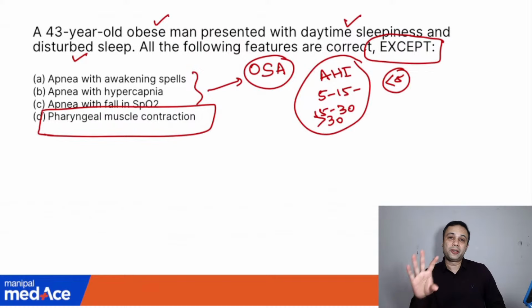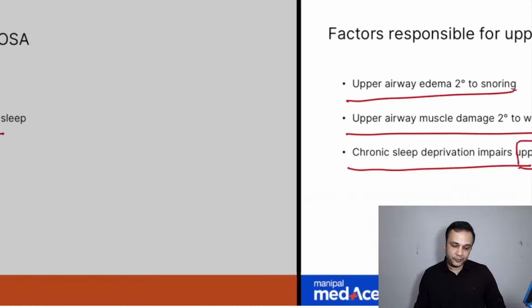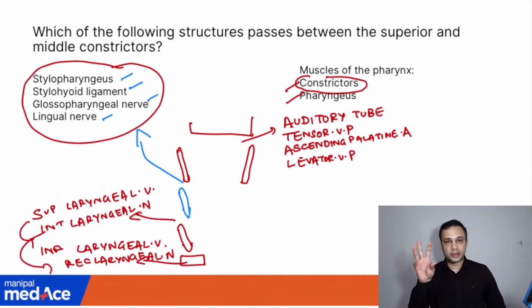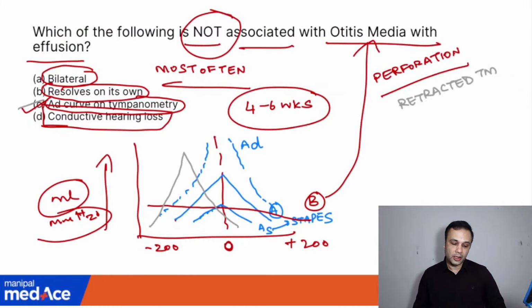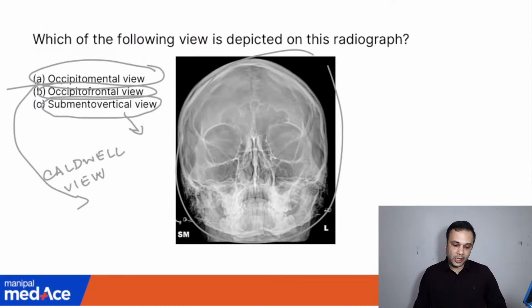What is the physiological component that is not present in obstructive sleep apnea? Then you had more anatomical questions, with the structure passing between the superior and the middle constrictor muscles. Which of the following is not a feature of allergic rhinitis? And then otitis media with effusion. We discussed a few points on tympanometry. And then we had a radiograph depicting the Caldwell's view.